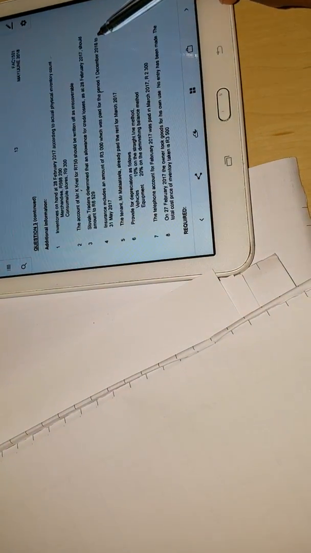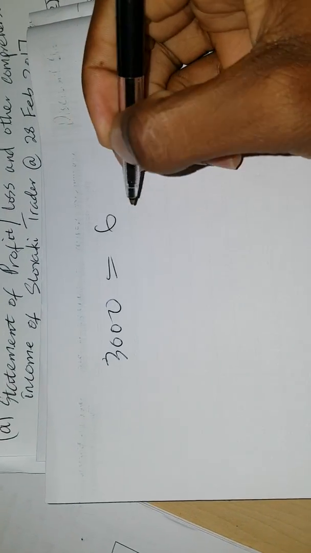So I need to take a rough book here and show you how we calculate. Insurance includes 3,000 which was paid for a period of the 1st of December 2016 till the 31st of May. So we'll count from December to May. So it's December, January, February, March, April, May. So it's 6 months. So 3,000 was paid for 6 months.